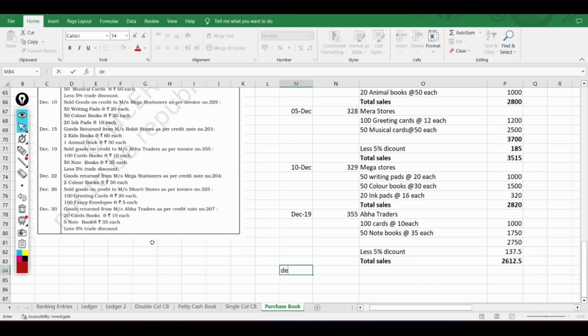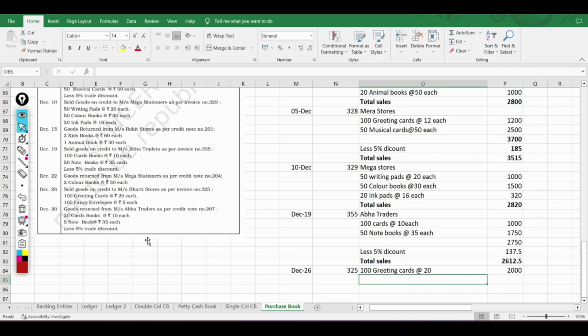December 26th, invoice number 325, 100 greeting cards at rupees 20 each. So 100 into 20, 2000 rupees. Again 100 envelopes at rupees 5 each.